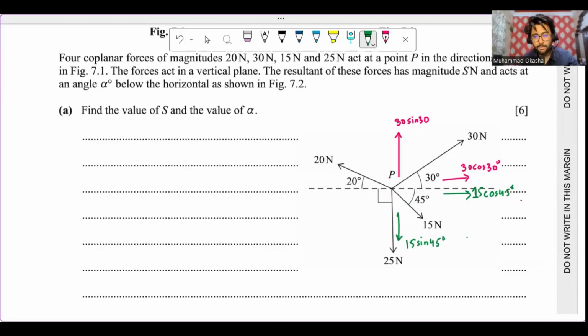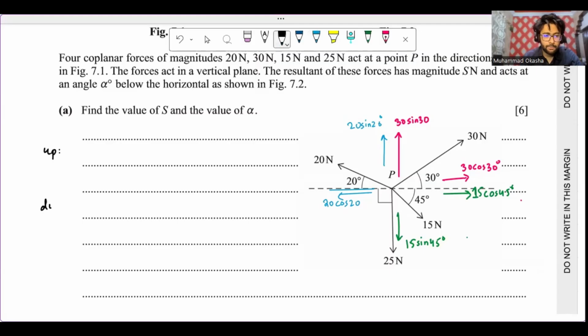For the 20 Newton force, in this direction the force will be 20 cos 20, and upward would be 20 sine 20 degrees.